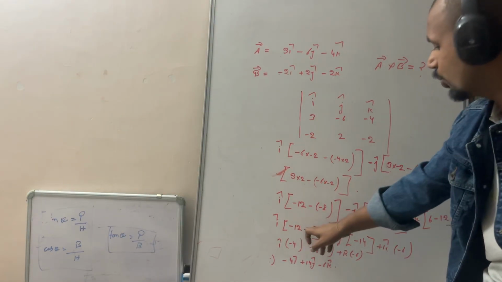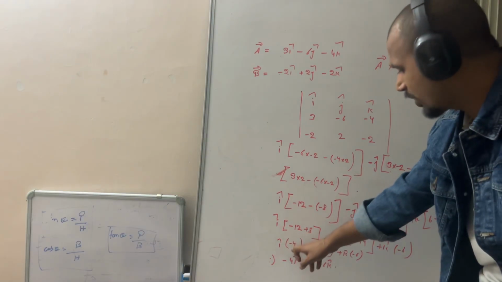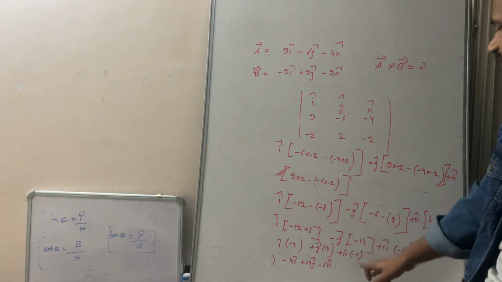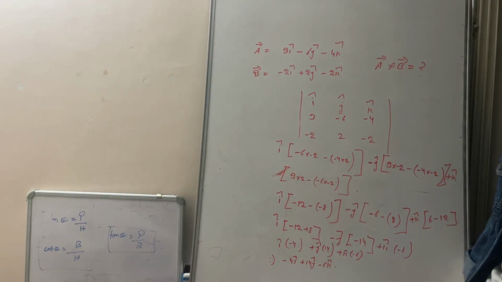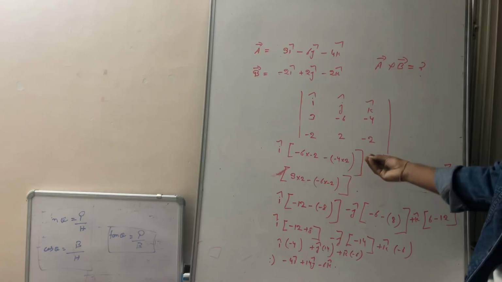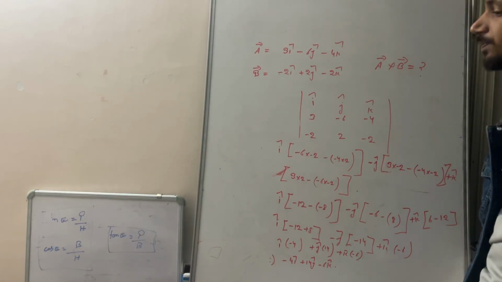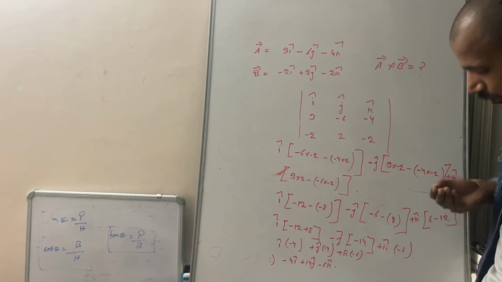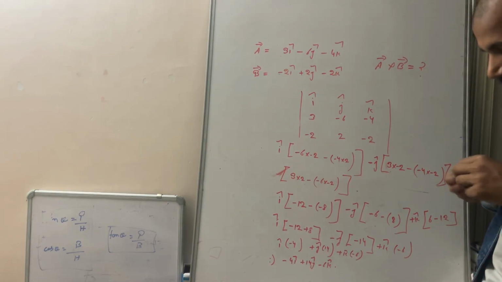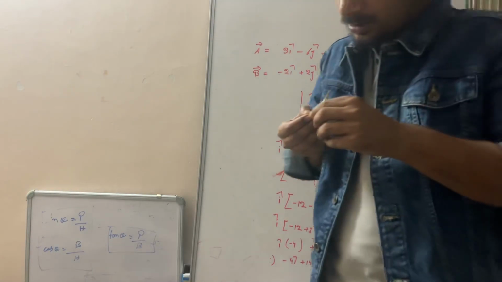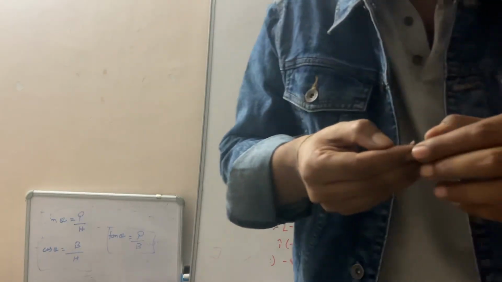So minus 4i plus 14j minus 6k. If we use brackets or write it stepwise, we can avoid confusion. We will do a few more questions on this so we can practice it again and again and do well in this. Don't worry, we will do it.